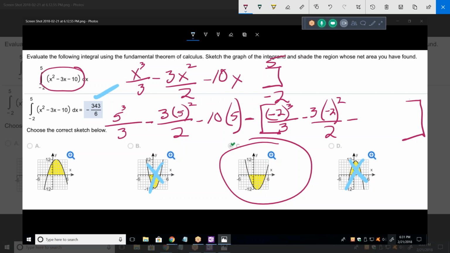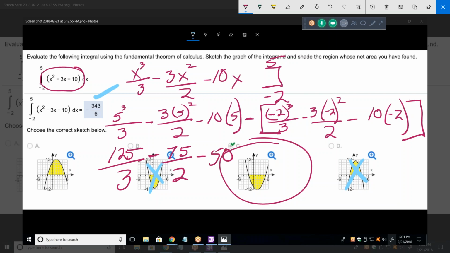I'm assuming that this is the way you did it. Now I can simplify it. So let's see, that's 125 thirds minus 75 halves minus 50, minus, let's keep the brackets there for a moment, that's minus 8 thirds.